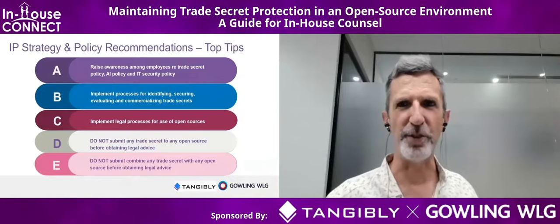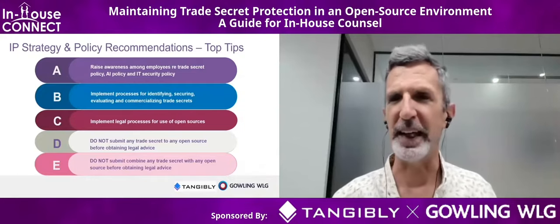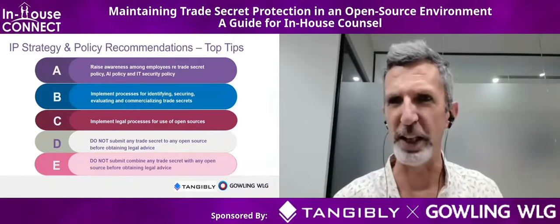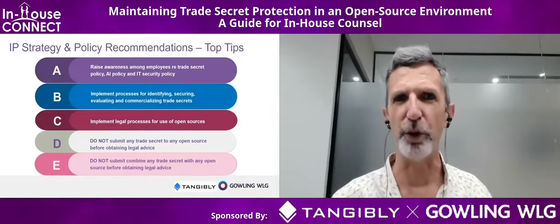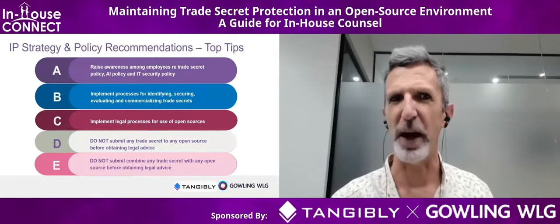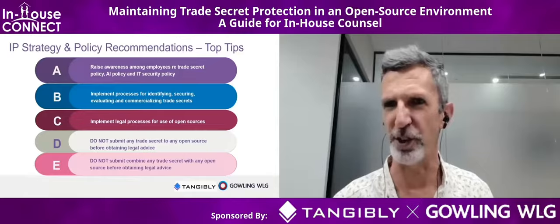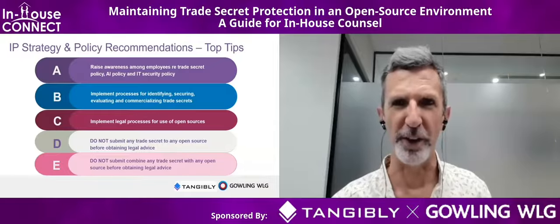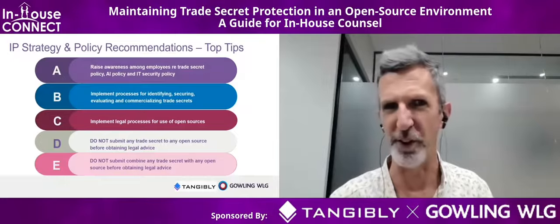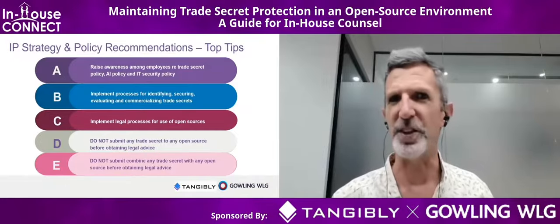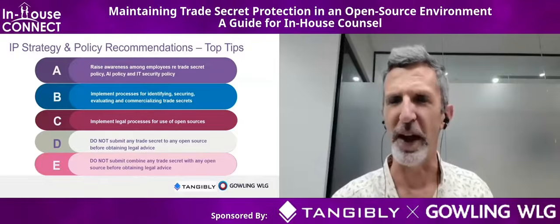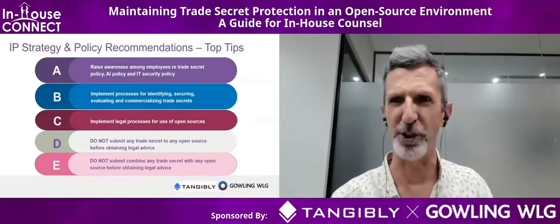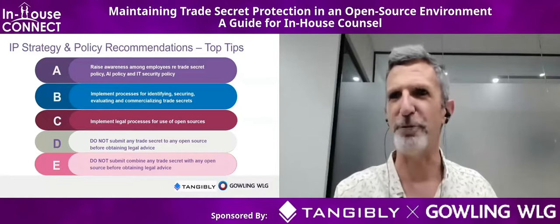And in terms of top tips, again, a lot of it boils down to education and training. If your employees understand that you have policies, that you have procedures, and how to use them properly, that will go a long way to reducing your risk. Not to zero, but at least you can get close. You need to implement your processes. So having a policy and procedure is great, but you have to follow them.